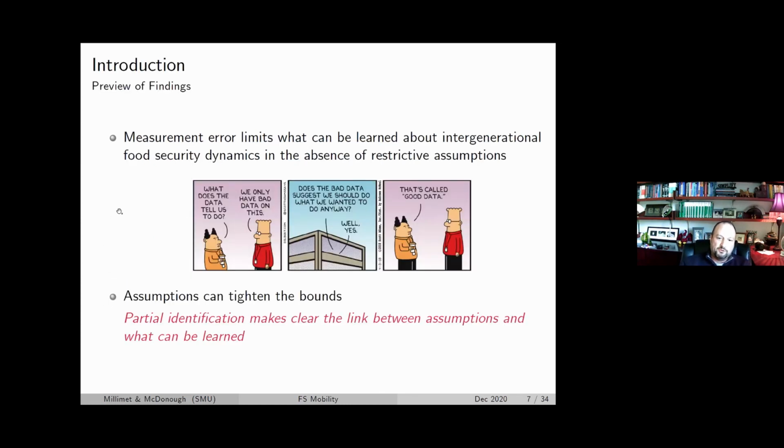All right, so anyway, measurement error is certainly going to limit what we can learn. On the one hand, you might throw up your hands and say, well, we don't learn much. But we also need to realize that that is a result in and of itself: even small amounts of measurement error can really limit what we can learn.